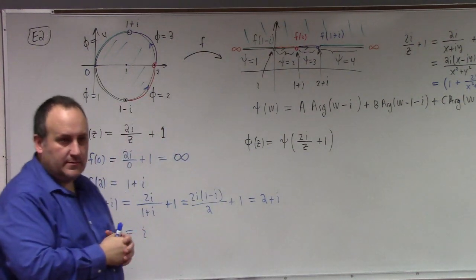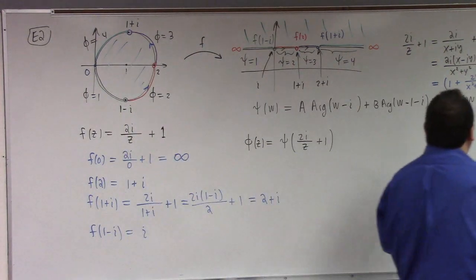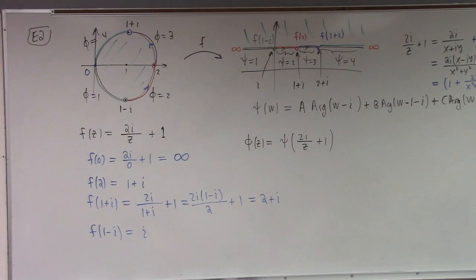Did I do it right? I squared is minus 1. That's why I got this plus 2y. 2i times I is minus 2y. And then I get the 2ix, which gives me this piece over here.